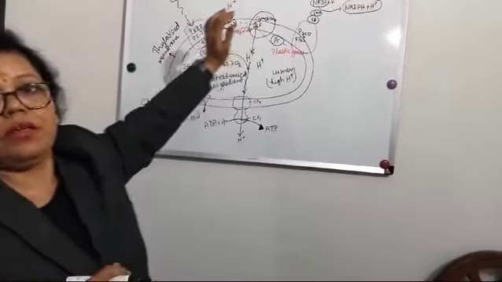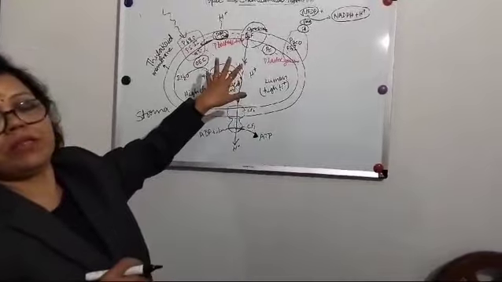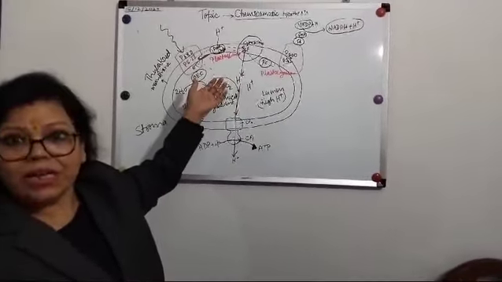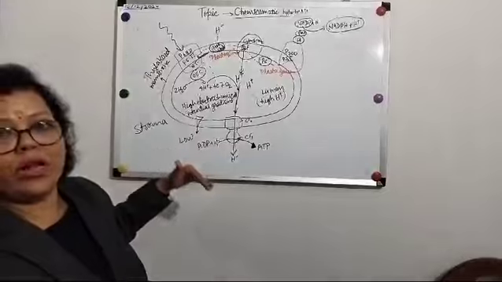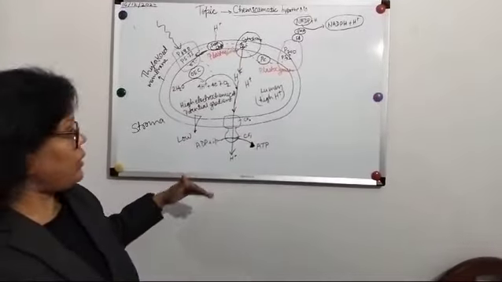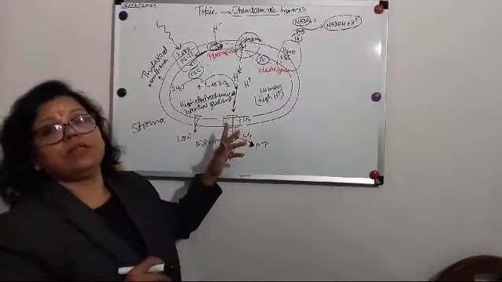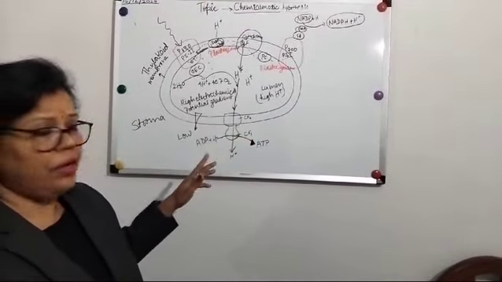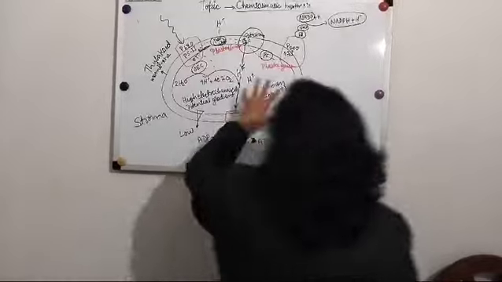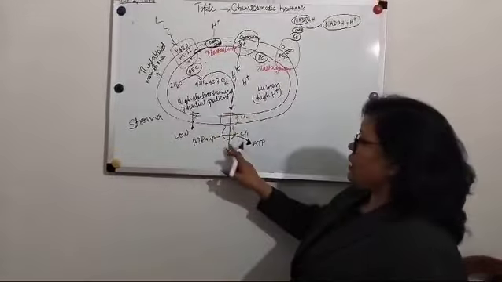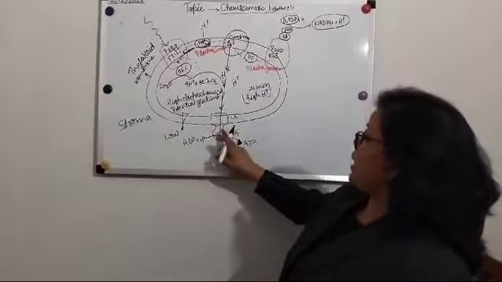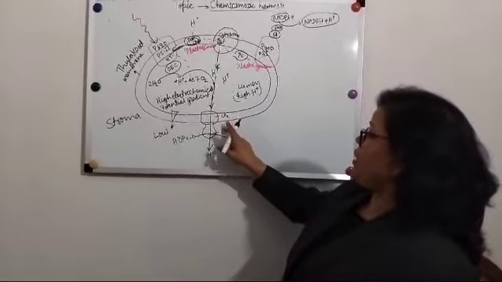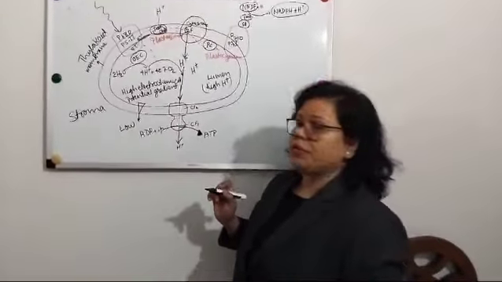Chemiosmosis means the proton will pass from the region of higher concentration to the region of lower concentration. But here it needs facilitated diffusion. For this the membrane has another complex, another system, that is called the CF0 F1 particle.